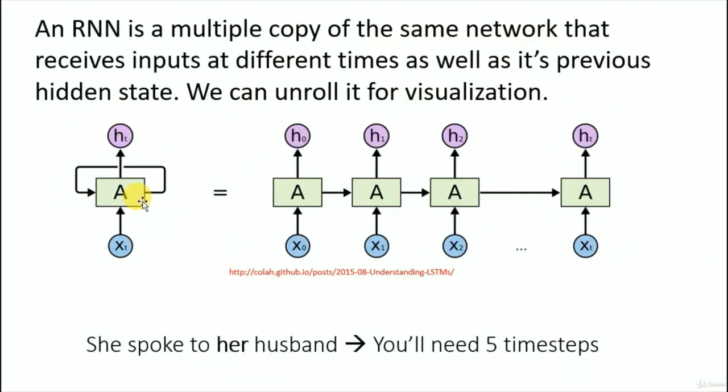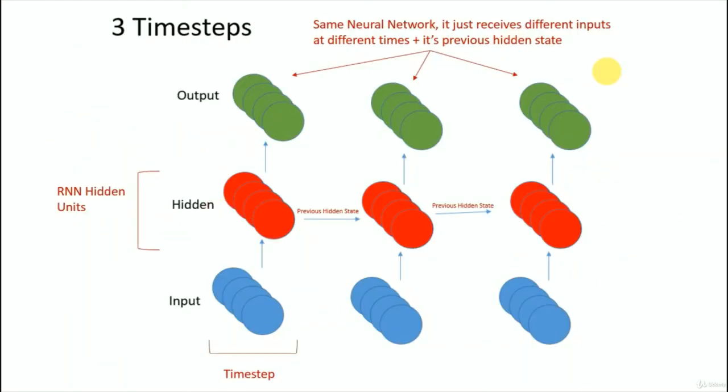You're passing the information to the hidden states, and the output of the hidden state gets passed back to the neural network. So it's just passing information back to itself. And each time the information is passed back to itself, you have a new time step. This is what's really happening here. I hope you got it by now.